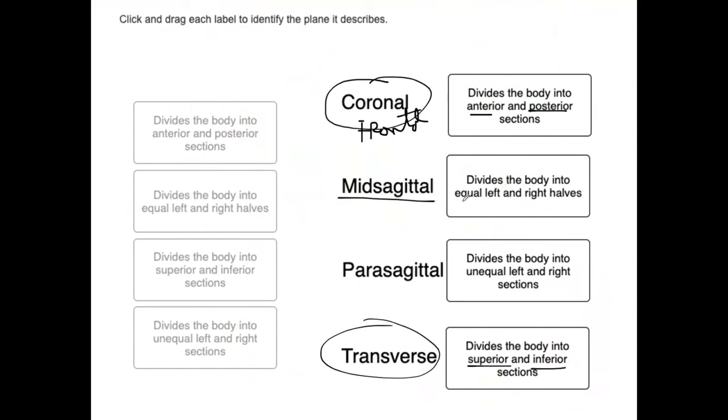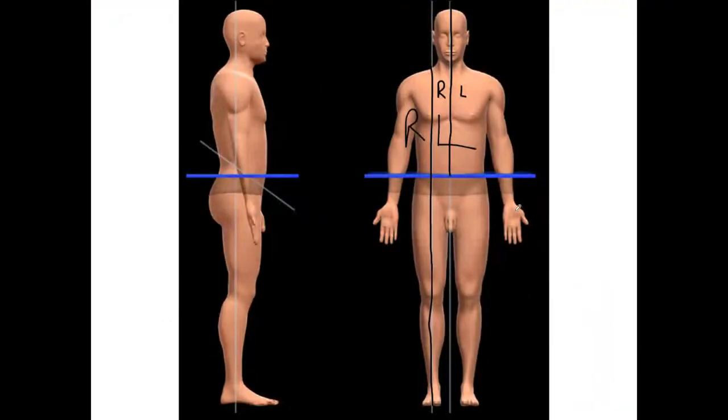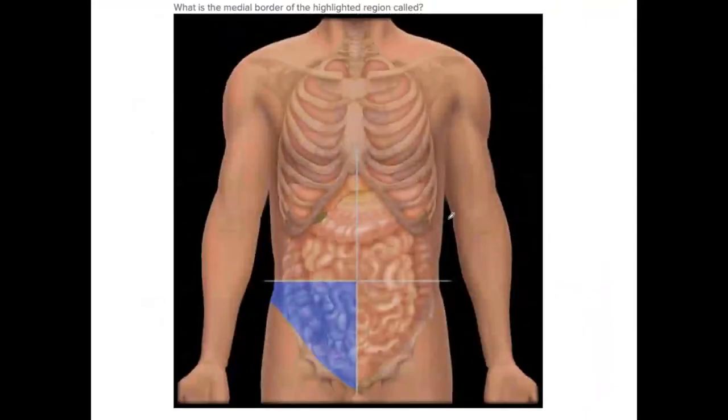Mid-sagittal divides into equal left and right halves, and then parasagittal is unequal left and right sections. So this one here is parasagittal, and this one here, sagittal, equal left and right half.